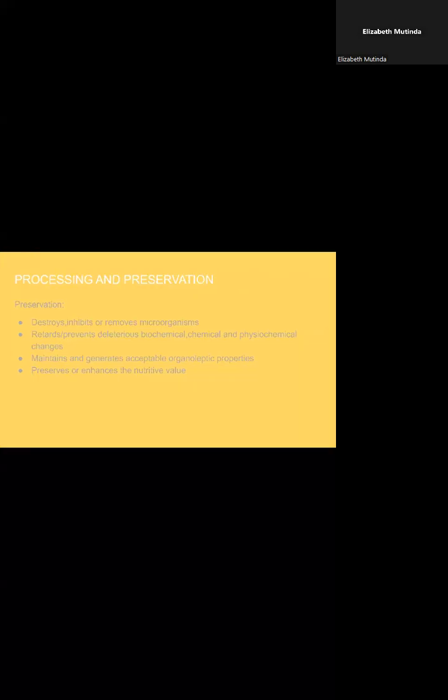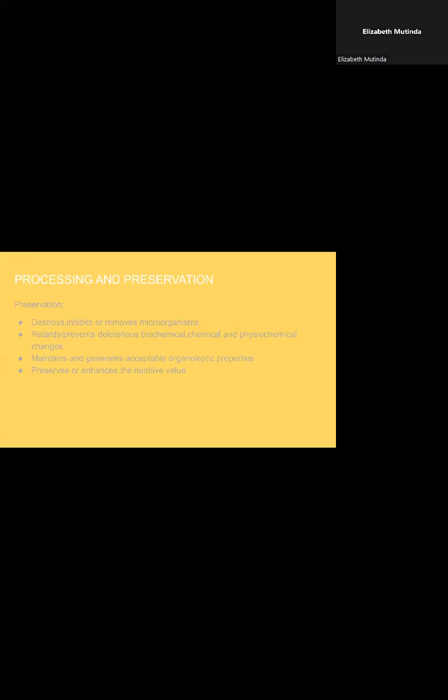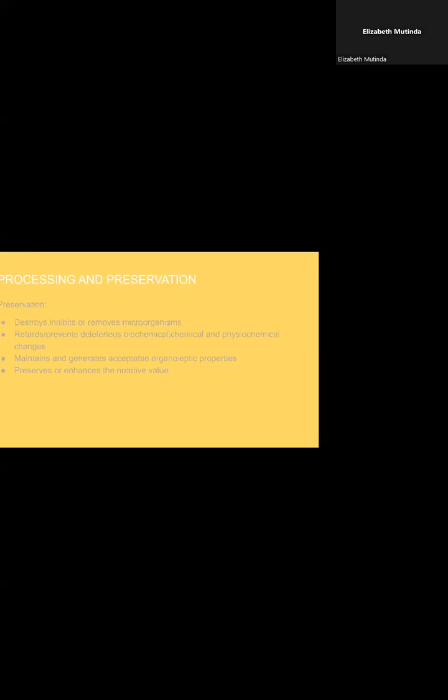And you will find that food preservation destroys or removes microorganisms. We retard the biochemical and the physical chemical changes, which is likely to occur in food. We also maintain and generate acceptable organoleptic properties of the food.